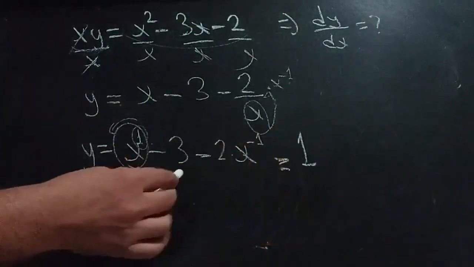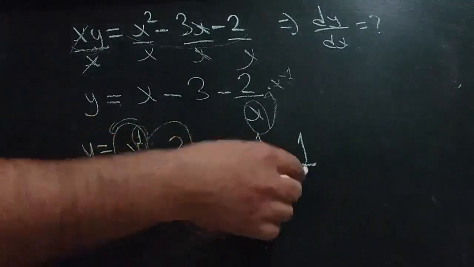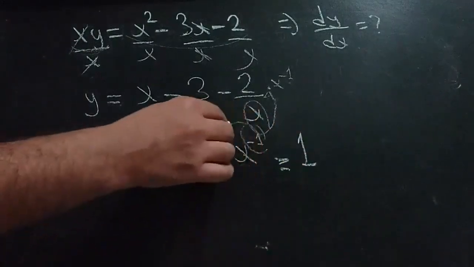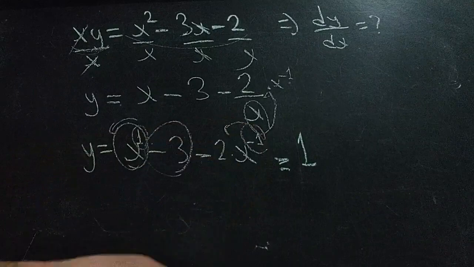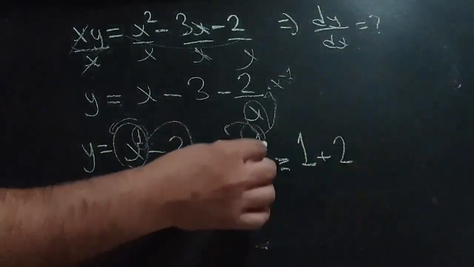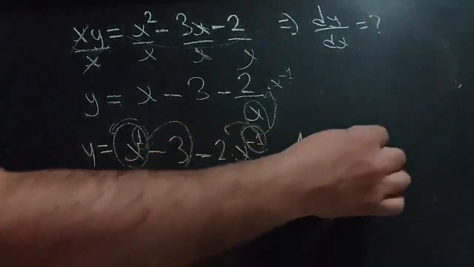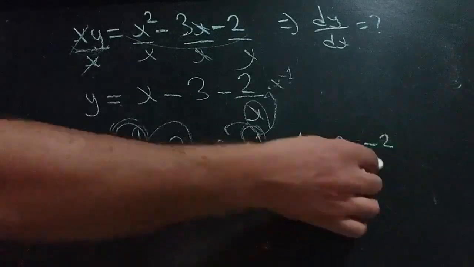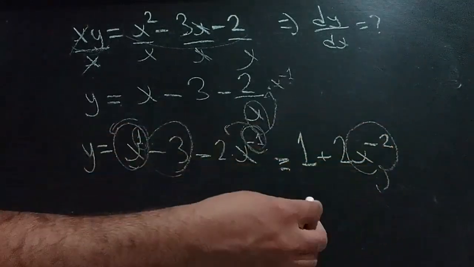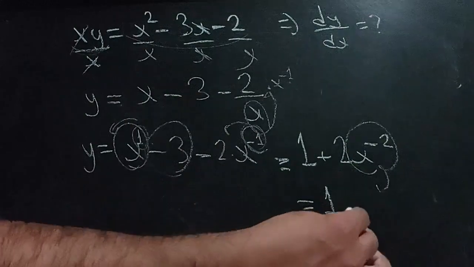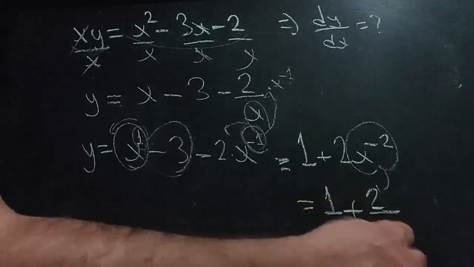This is the constant number, which is going to be 0, I don't need to write. This one will go down, negative 2 times negative 1 will be positive 2, decrease by 1, which is going to be x to the power negative 2. And this one bring down, that will be my final answer, 1 plus 2 over x squared.